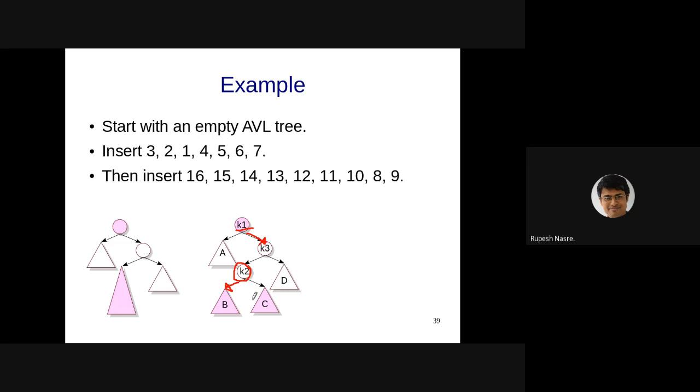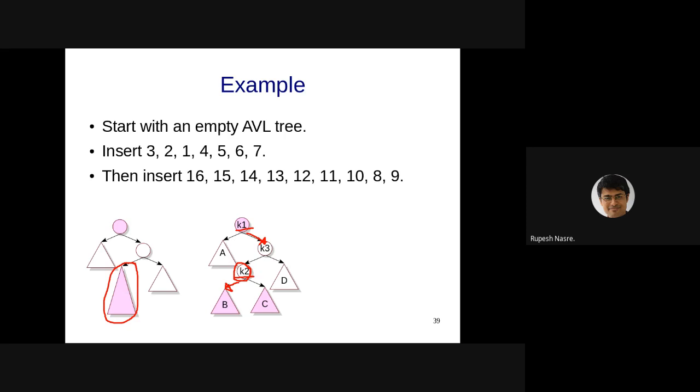Because we need to do double rotation, the R needs to be done here, right? And if R needs to be done here, then I need to take out K2. This K2 is the same one that we had earlier, because we said that K2 needs to get rotated. That was a single rotation case. Therefore, I have named it as K2.